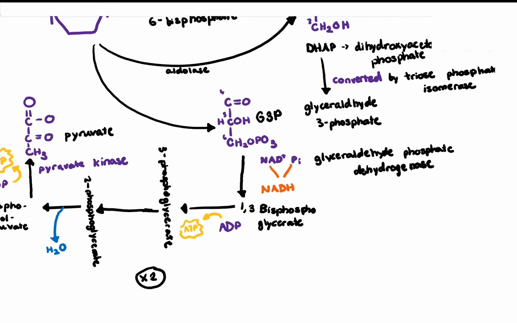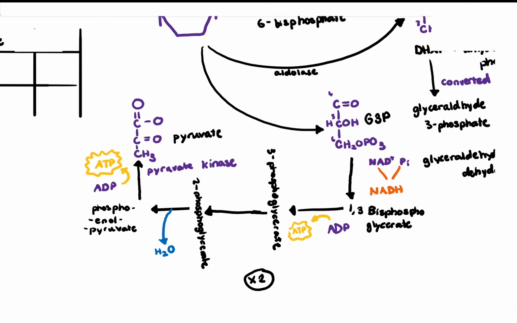Now this G3P is involved in the majority of ATP production in glycolysis. So here again, you can see you have that NAD+ and that phosphate ion producing NADH, something we've talked about before, this reduction. And as this continues, you can see that we have these intermediates. You have ATP production, which is when that phosphate group is removed from the molecule.